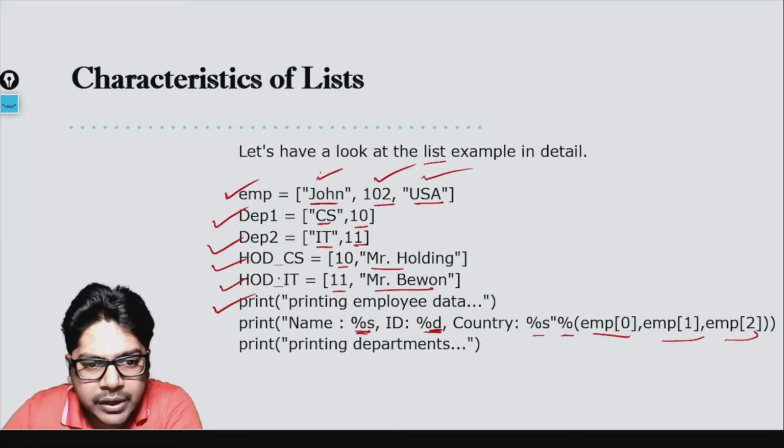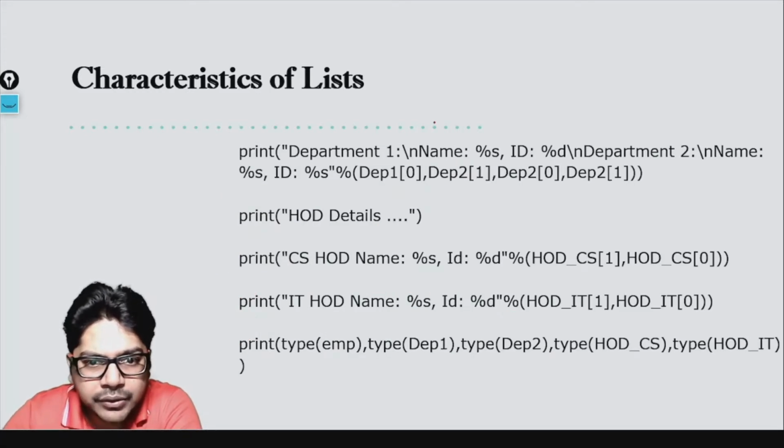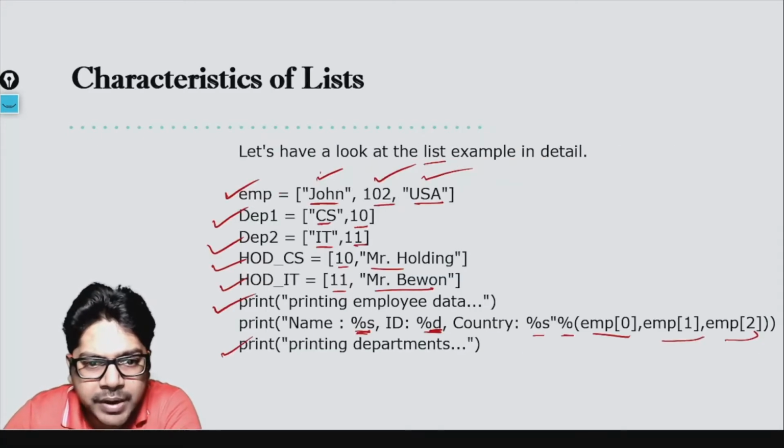Okay, then what we are doing is printing the department. So if I print the department, here you see Department, and then I am printing name: department1 name %s, ID %d, department. Then department2 name %s, ID equal to %s, and here what we are doing is department1[0], department2[1]. So this will be replaced by department1[0]. What is department1[0]? CS.